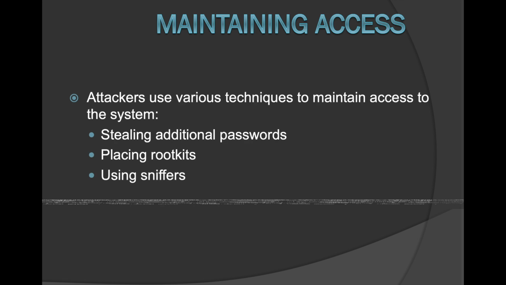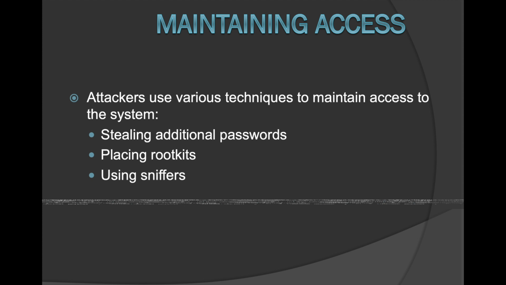Another thing you're going to want to do, and often this will be done before privilege escalation if it can be, is maintaining access. Maintaining access is simply a question of not losing access. Oftentimes you've gained access by exploiting some kind of vulnerability, and you may be running some kind of malicious software that's allowing you to connect to the target system.